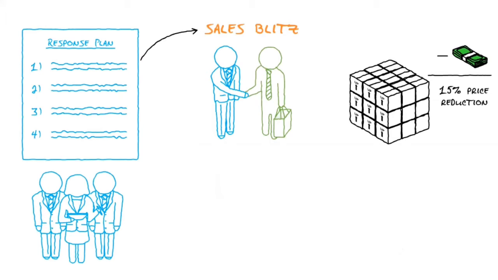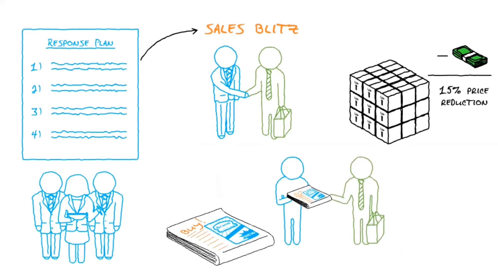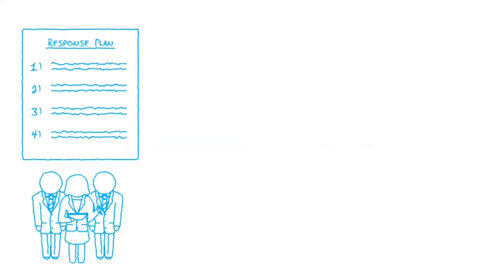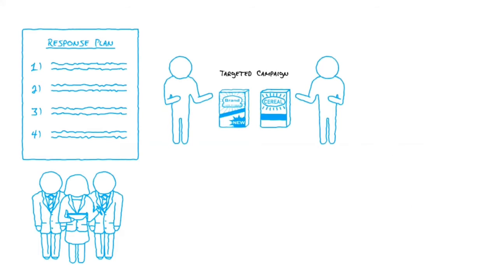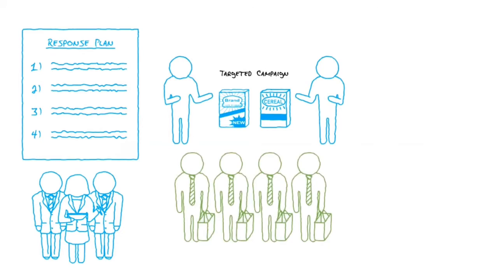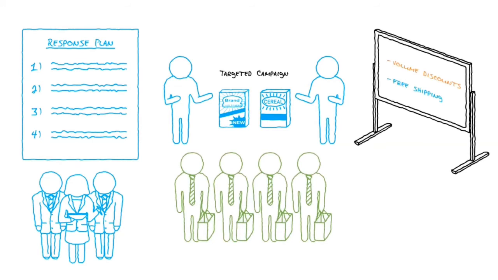To counter competitive pressures, Jane and her team authorize a print advertising campaign, emphasizing the advantages of their products. Finally, they initiate a targeted sales campaign to promote those 2 key products to major customers, offering volume discounts and free shipping.